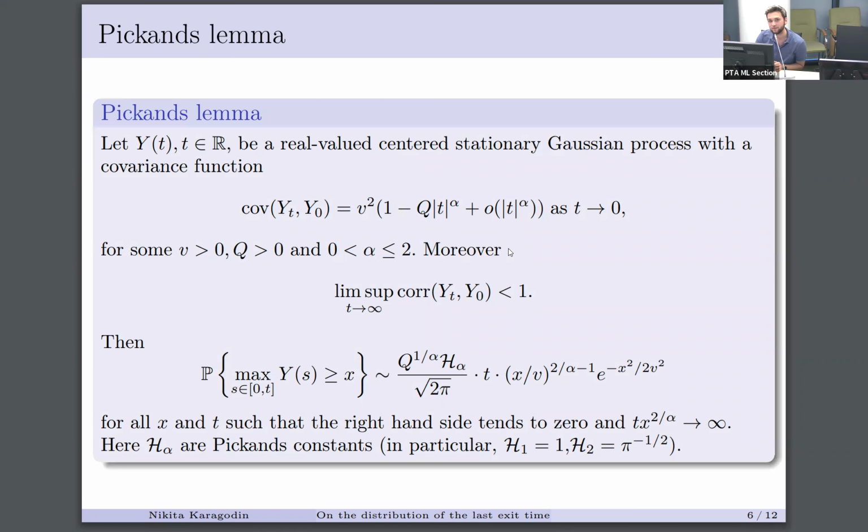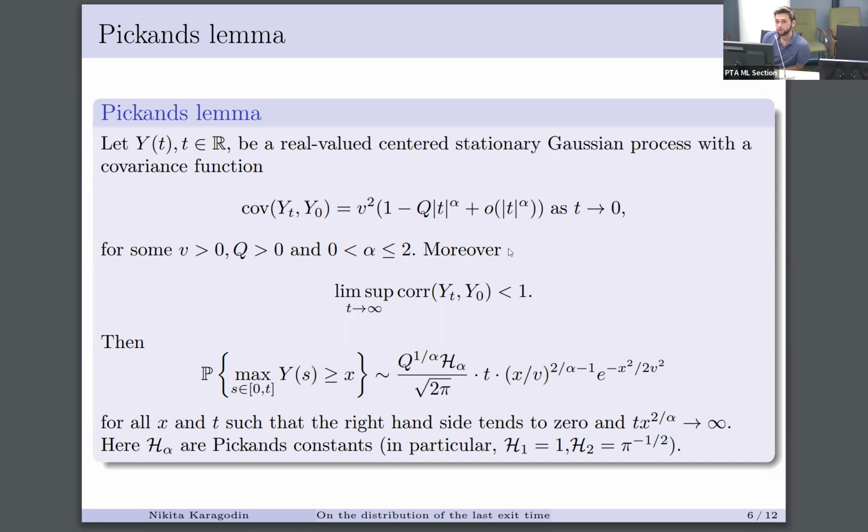It's a bit huge to consider, but basically, imagine you have a Gaussian process, and you know that its covariance function is in a sense regular around 0.